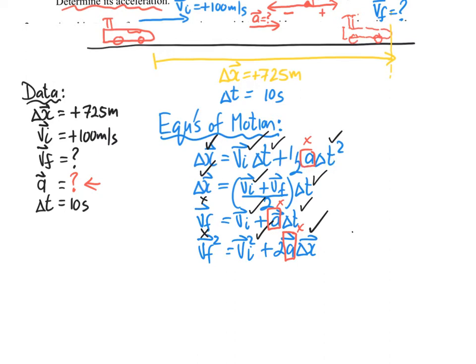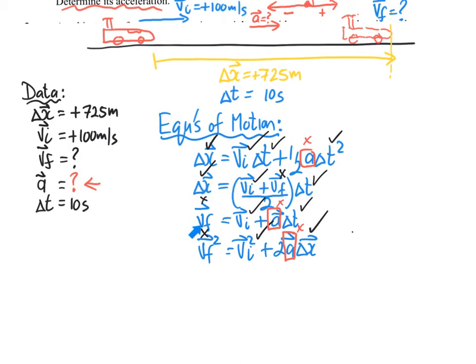If we look at equation number 2, and you can see I've left out the fact that we don't have v final there, we could use equation number 2 to work out v final because the rest of the quantities are actually known.